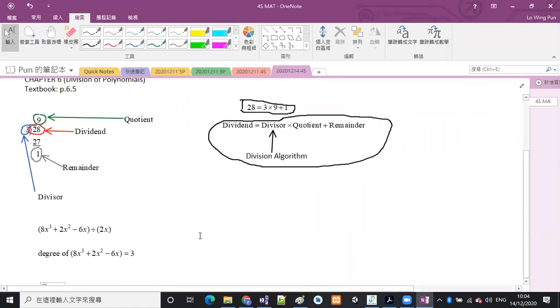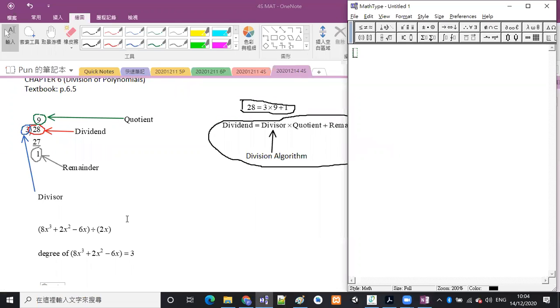We need to think about this first. And then what is the degree of the divisor?